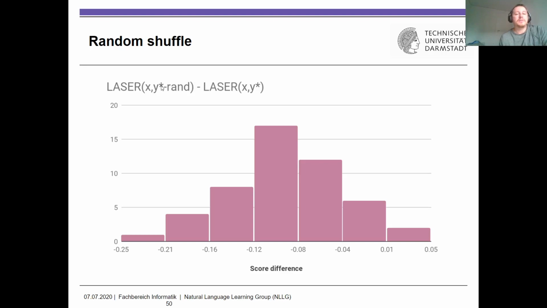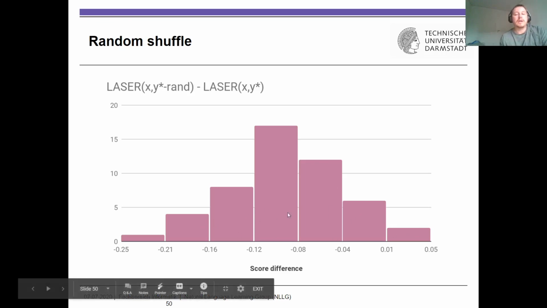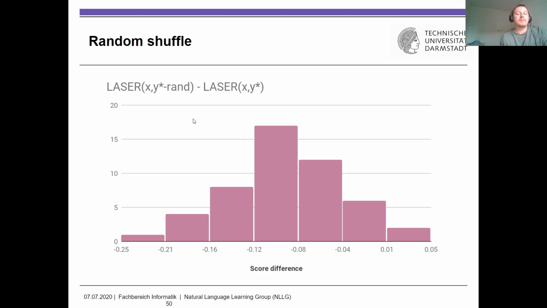This subtraction can be positive or negative. If it's positive, it means LASER prefers the random reordering of Y prime over Y prime. And if it's negative, it means LASER prefers Y prime over Y prime rand for fixed X, right? Now here we show the histograms. This is overall our, let's say, 50, 100, 200, 300 cases.